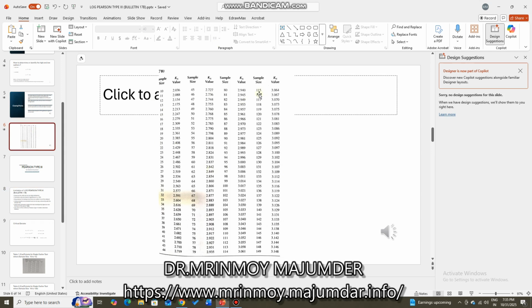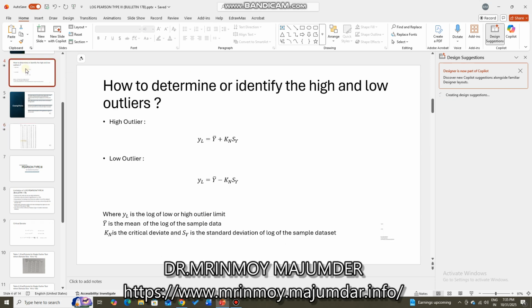Suppose our sample size is 80, then straight away we can calculate the value of Kn to be 2.940, and then we use this K value in this equation if we are trying to detect the high outlier, that is the maximum value.